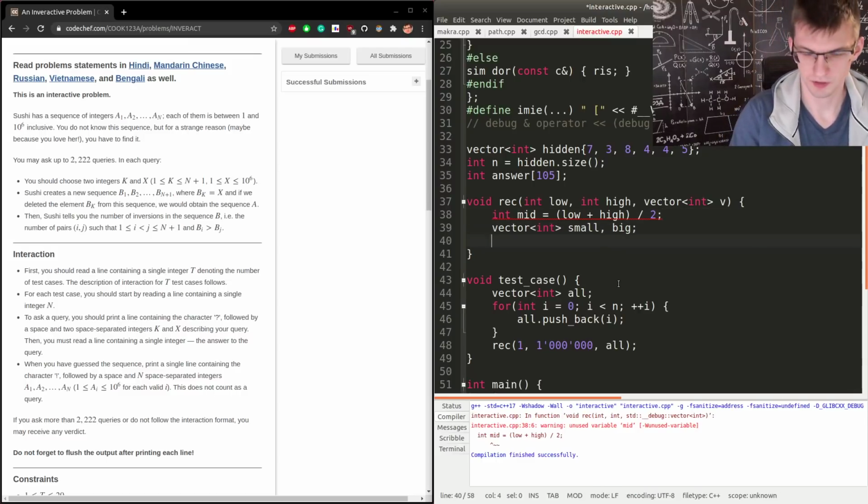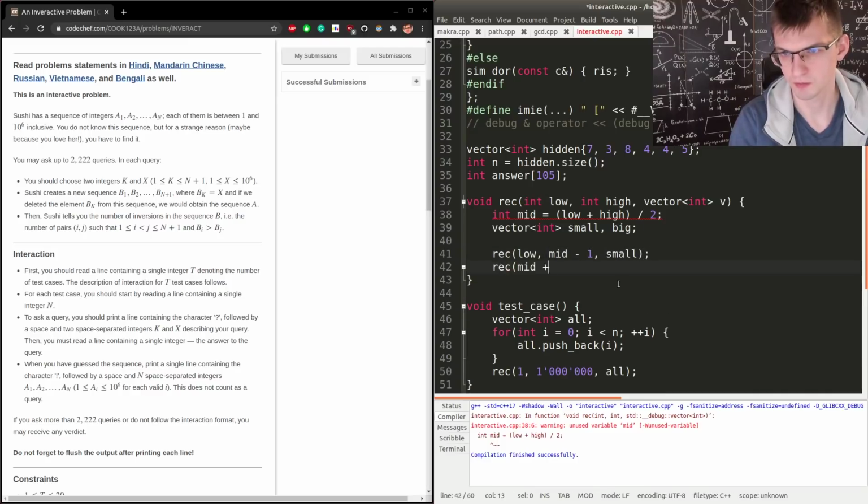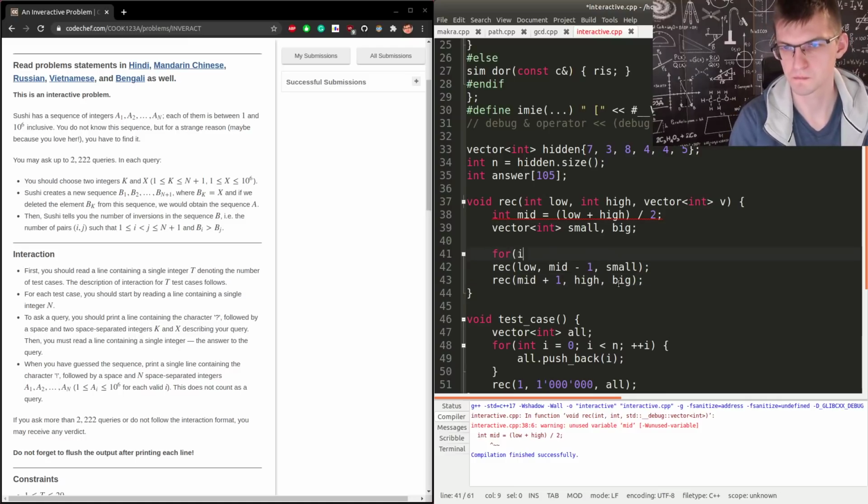There are small and there are big. Eventually we'll do this: low, mid minus 1, small, mid plus 1, high, big.